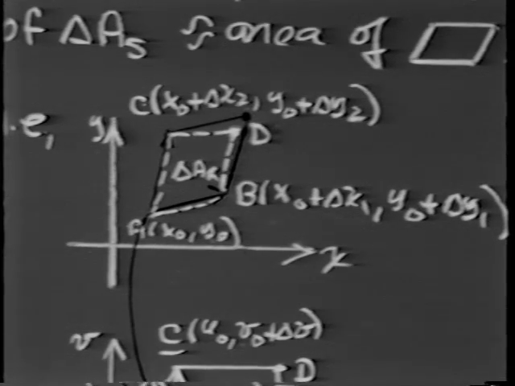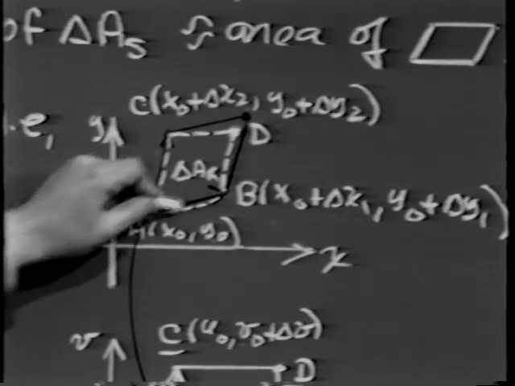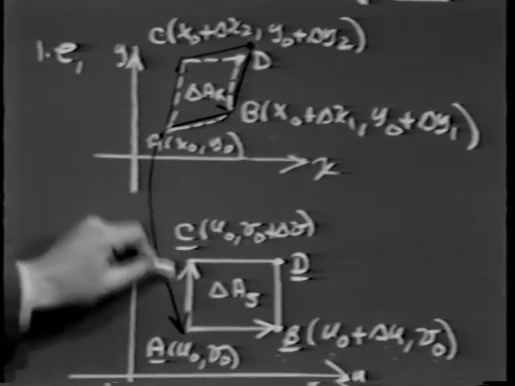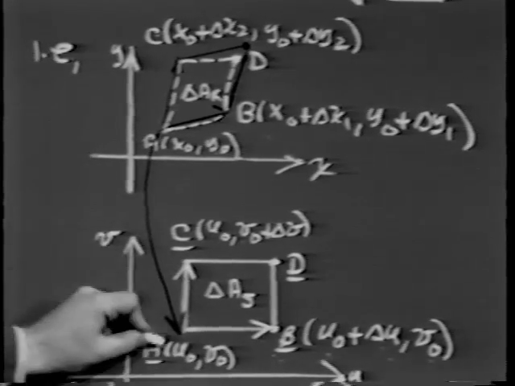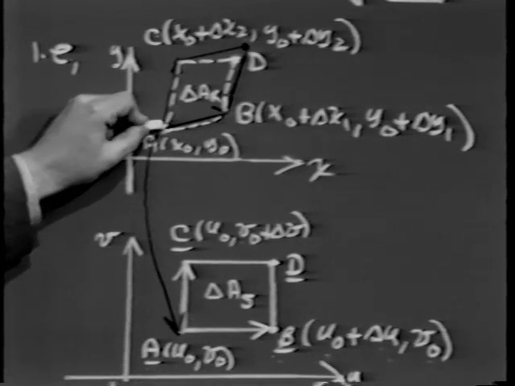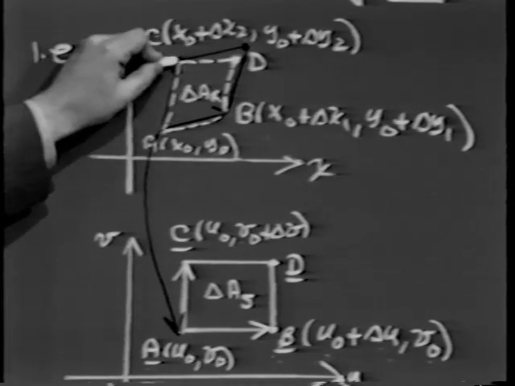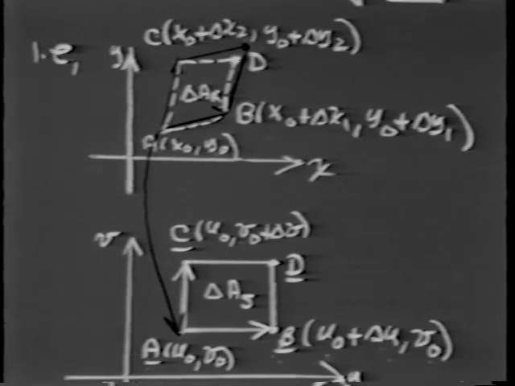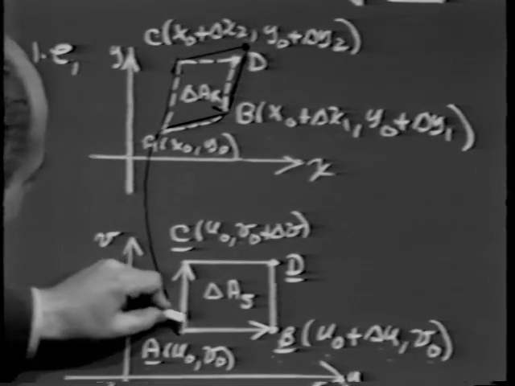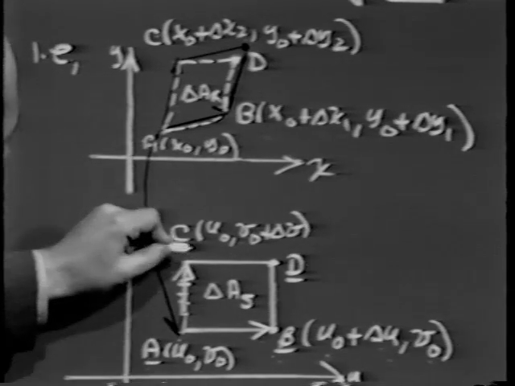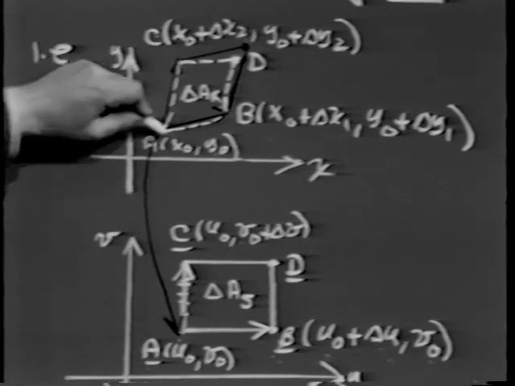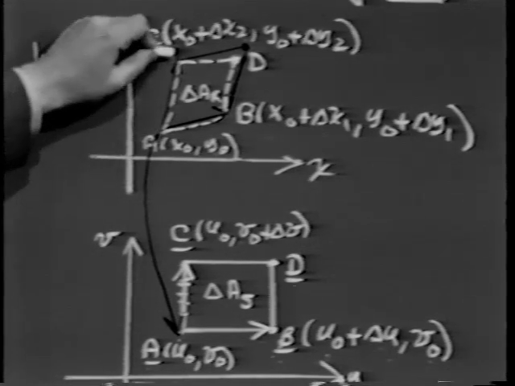You see, what's wrong with this is that that particular parallelogram is not the exact image of the back map of delta A sub S. Sure, A bar maps exactly into A, C bar maps exactly into C, B bar maps exactly into B, but the point is that these points along A bar, C bar do not map into the straight line from A to C in general.